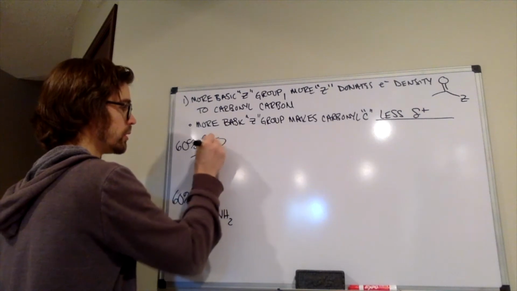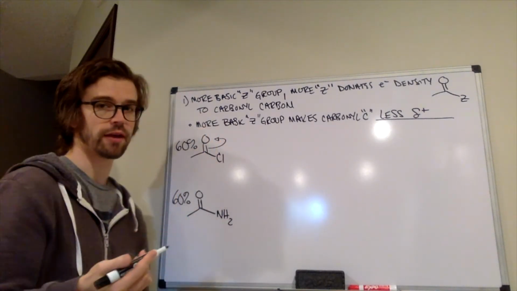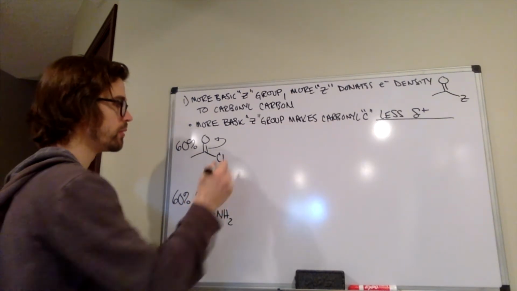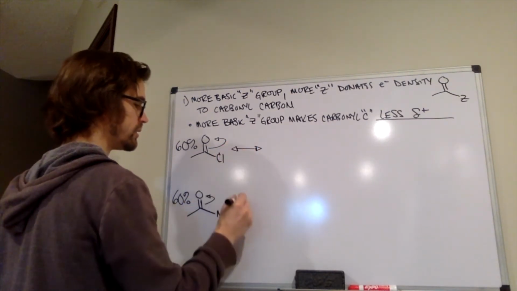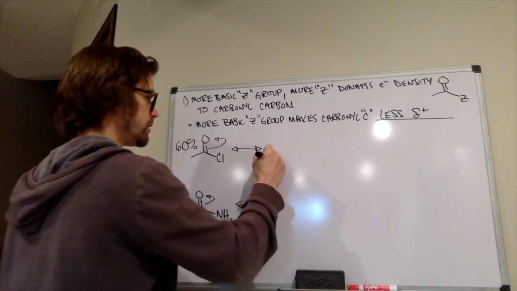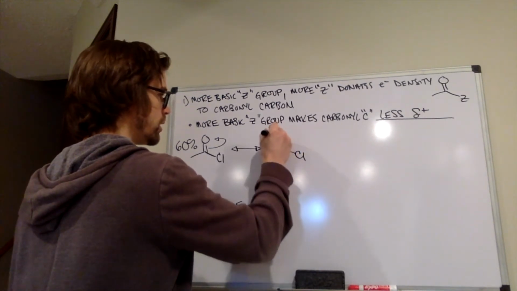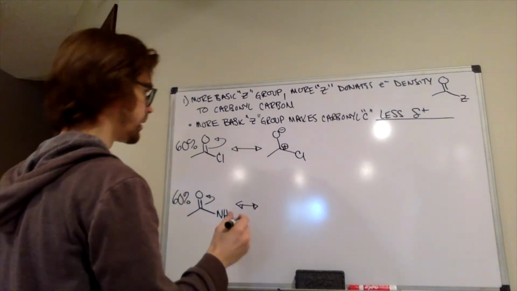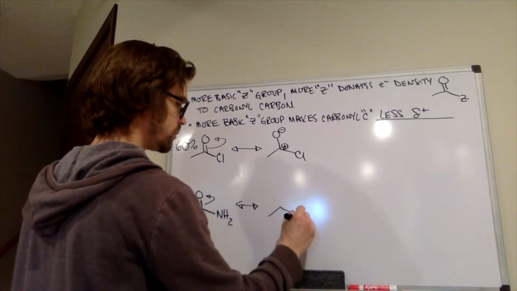Well, the oxygen is more electronegative than that carbon, so one thing that we could show for both of these is the oxygen pulling electron density up to itself to show a second resonance structure where we have a negative charge there and a positive charge there. So we'll show that with both of them.